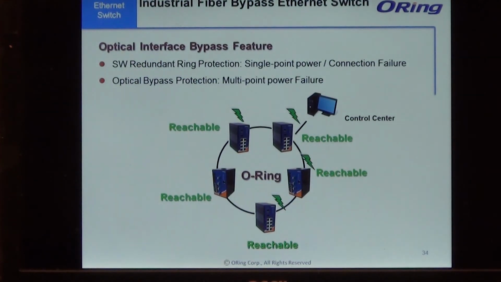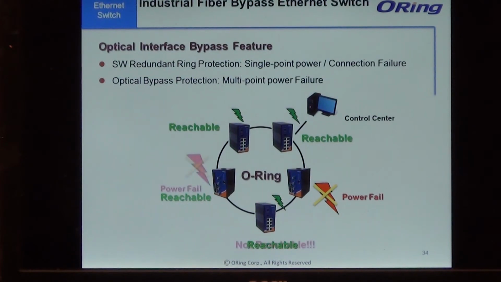As you can see from the diagram, software ring redundancy protection can only protect against a single point power failure or connection failure. In the diagram, the operation is running well. Once one of the Ethernet switches is down due to power failure, because of the software redundancy function, the operation is still running well.